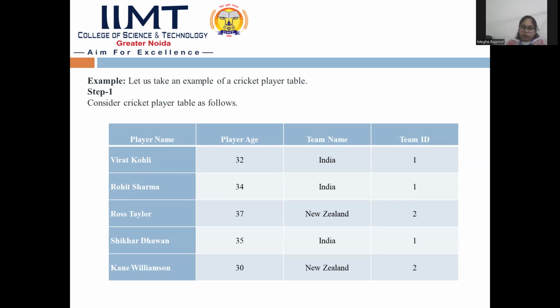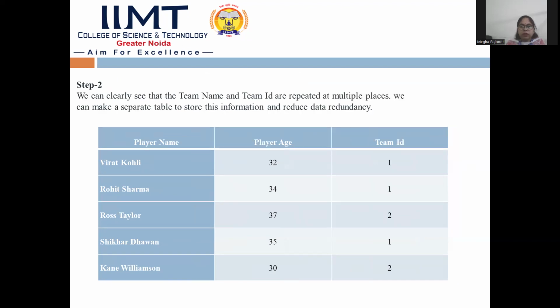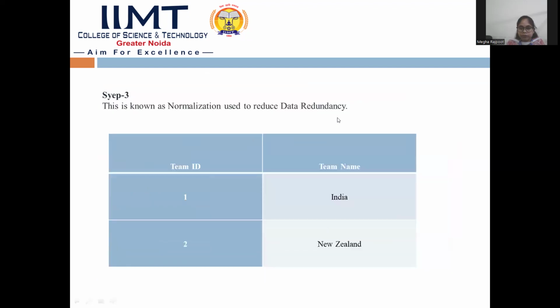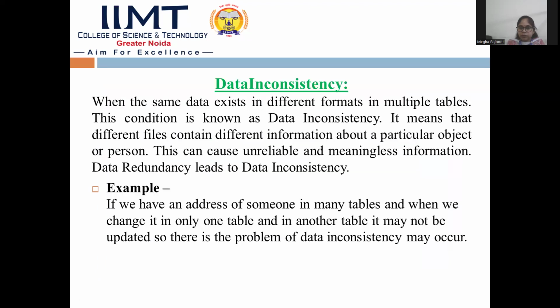So in team name there is redundancy, and we can reduce this redundancy by drawing a separate table. In this table we try to reduce the data redundancy, which means we normalize the table to reduce the redundancy.